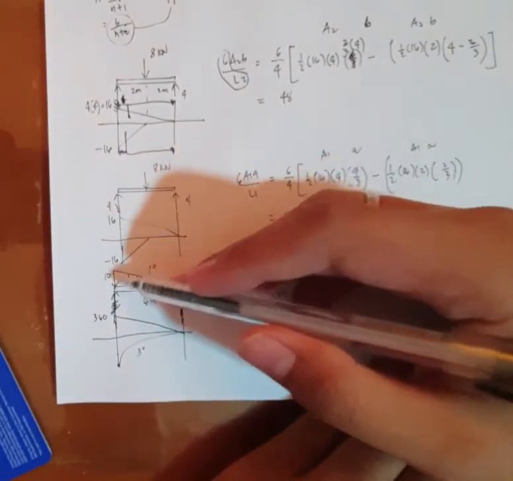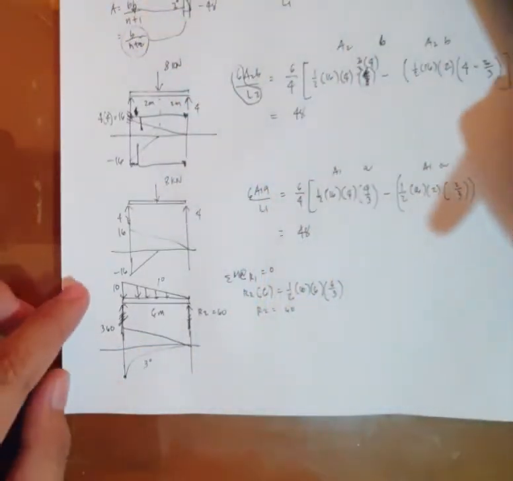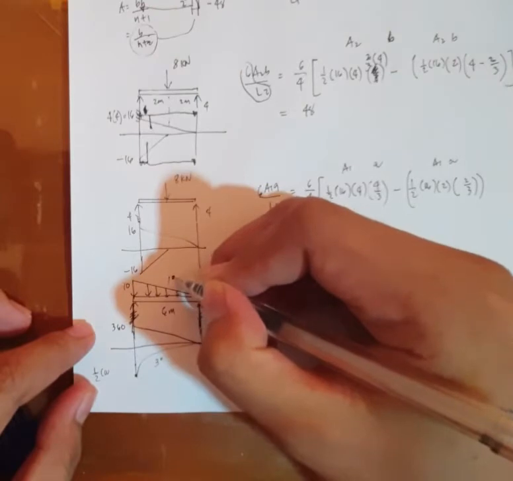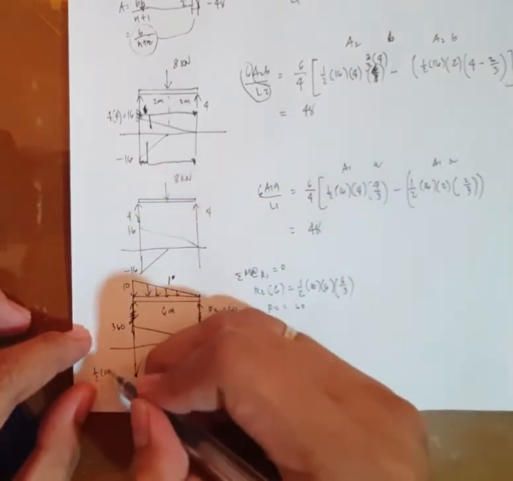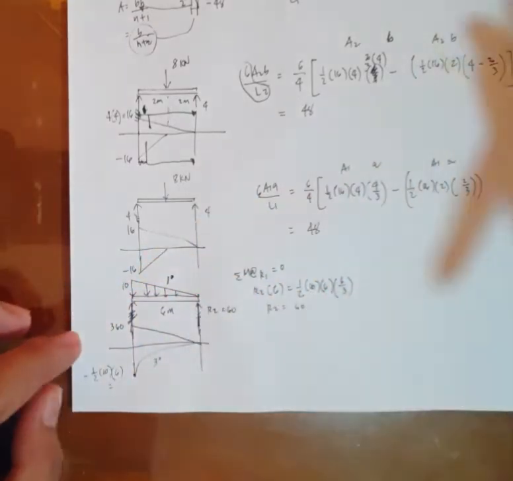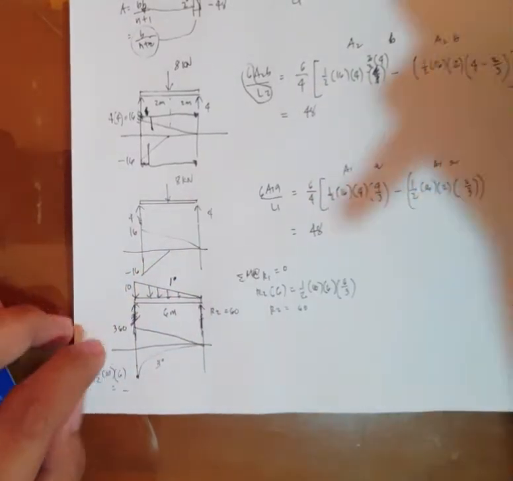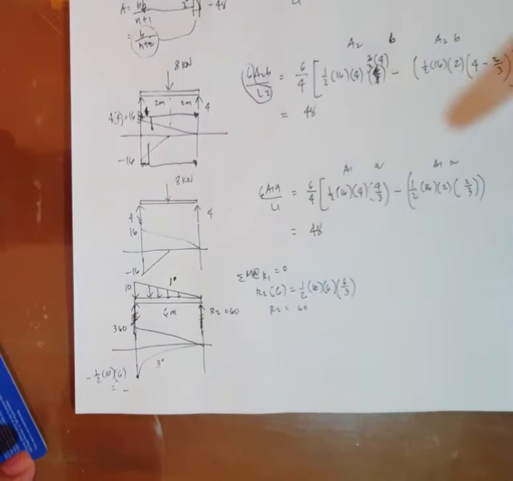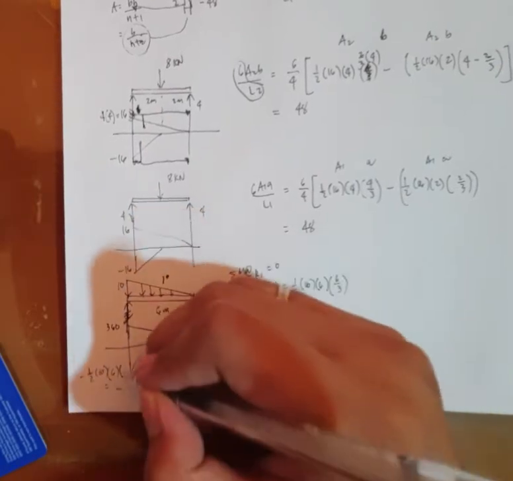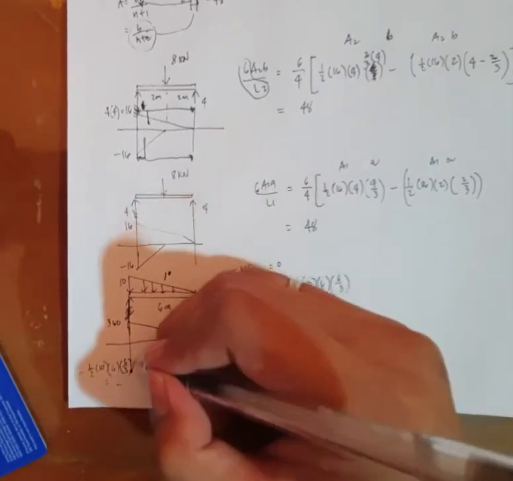So that is 1/2 times 10 by 6, negative, 1/2 10 by 6 by 6 divided by 3. Okay, it is a moment.